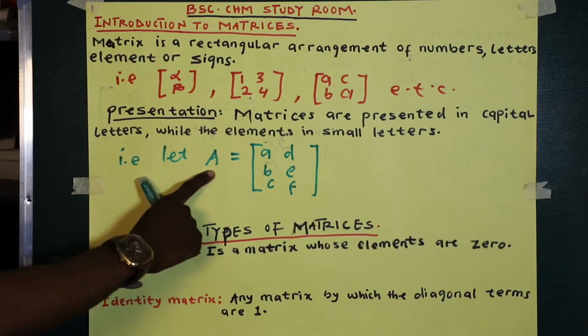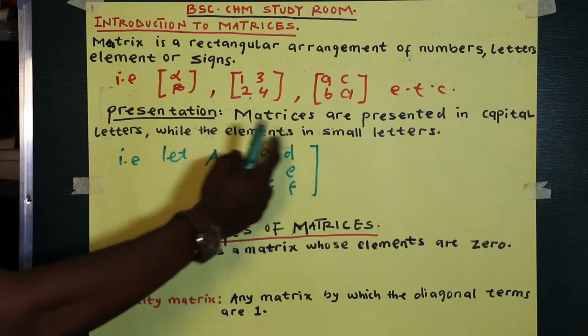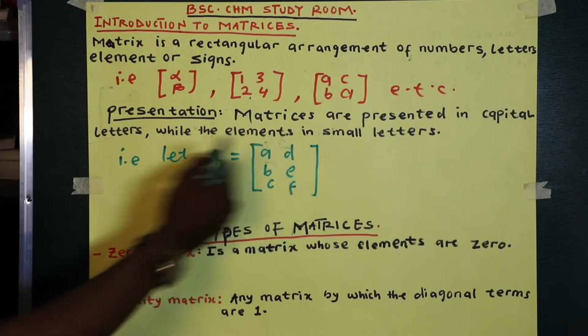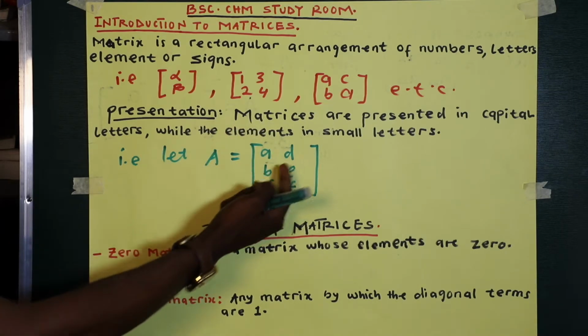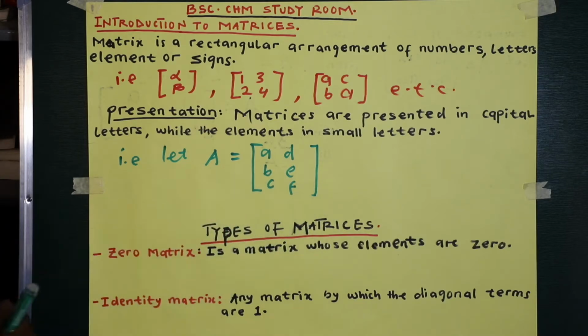The matrix is presented in a capital letter, while the elements of the matrix are in small letters. a, d, b, e, c, f are small letters.